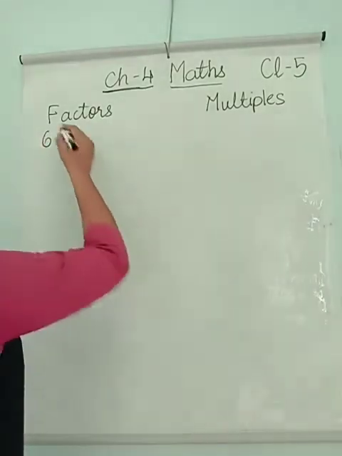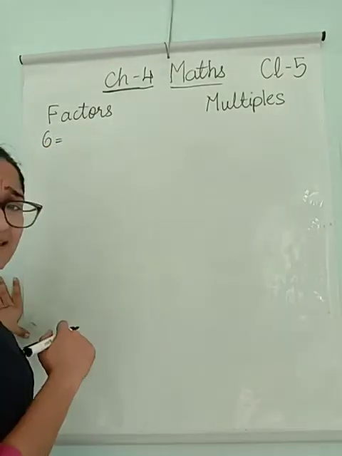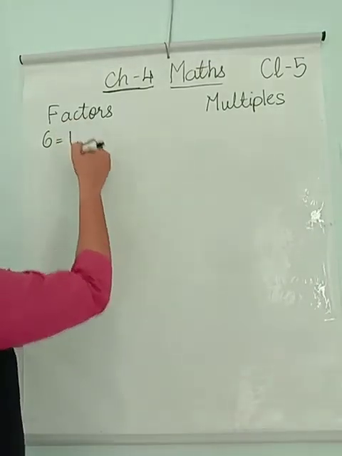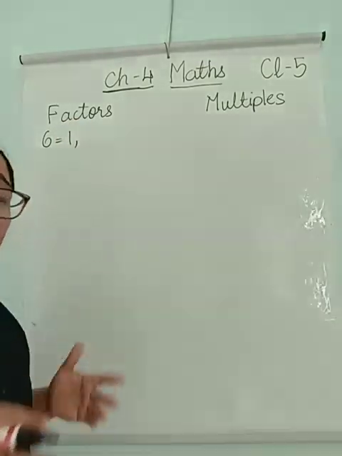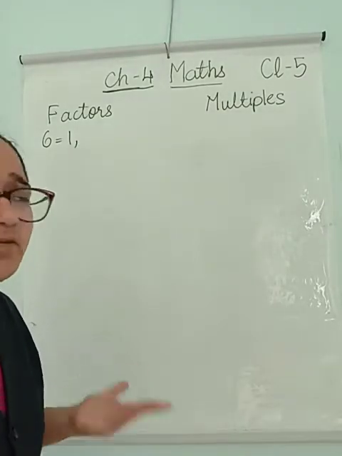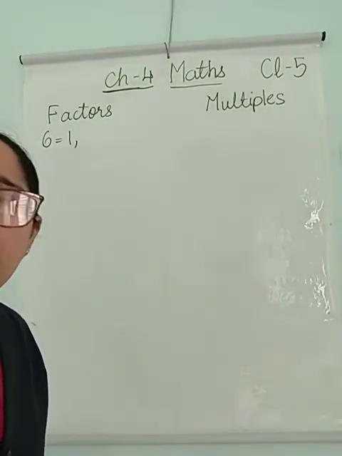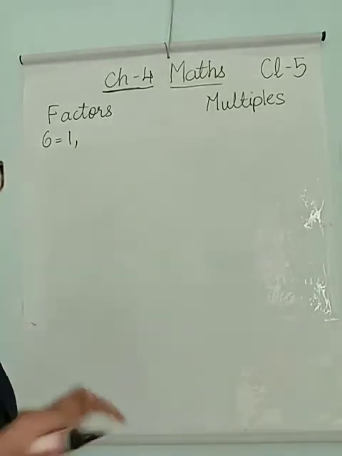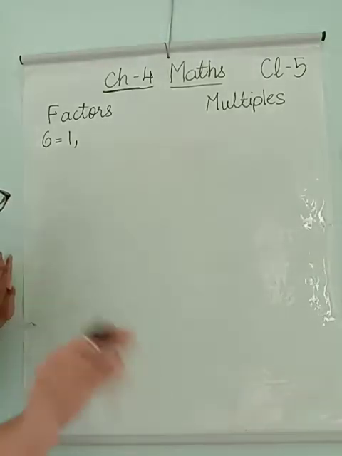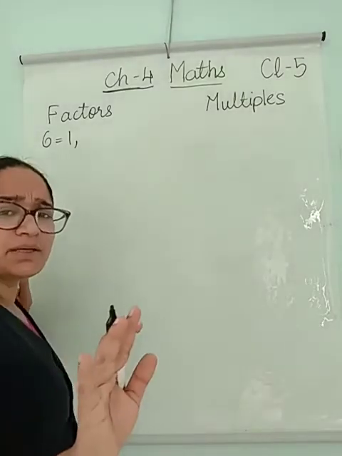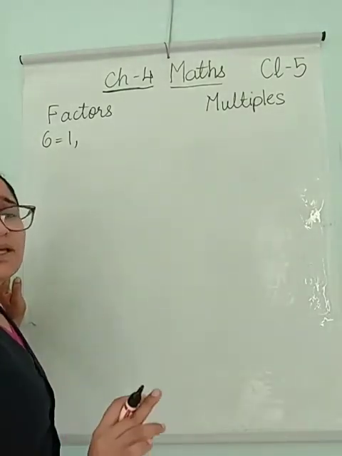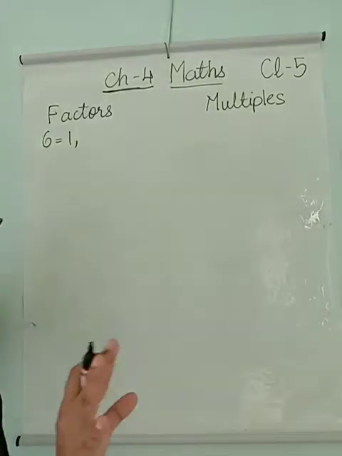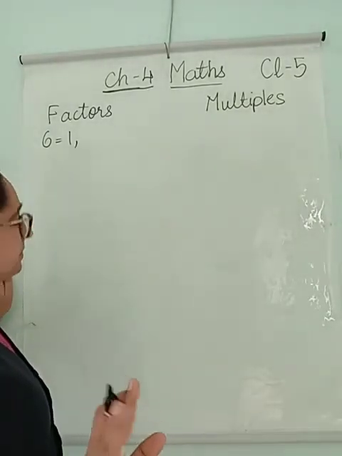So for 6, 1 will be a factor because 1 is a number in whose table every number comes, right? 1 ones are 1, 1 sevens are 7, 1 eights are 8, 1 hundreds are 100, 1 thousands are 1000. So 1 will be a permanent factor for all the numbers. All numbers come in the table of 1. That is why 1 will be a common factor.